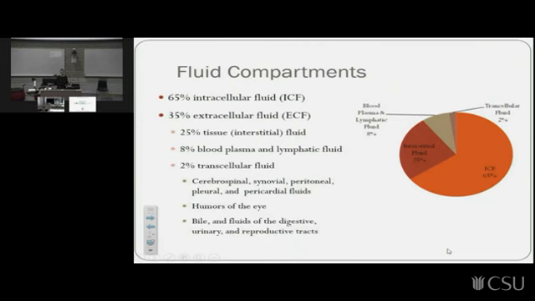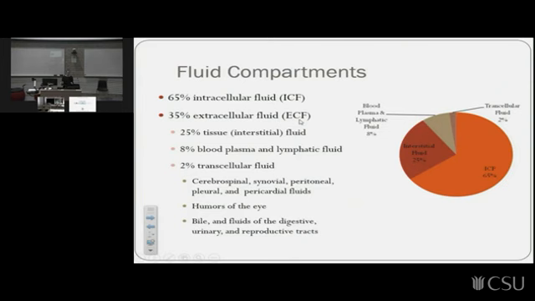So all of the body's water, that 55 to 60% of body mass, is separated into different fluid compartments. These are separated by permeable membranes. So we've got 65% of that water as intracellular fluid, and 35% as extracellular fluid, which is then further segmented into tissue fluid, blood plasma and lymphatic fluid, and transcellular fluid.